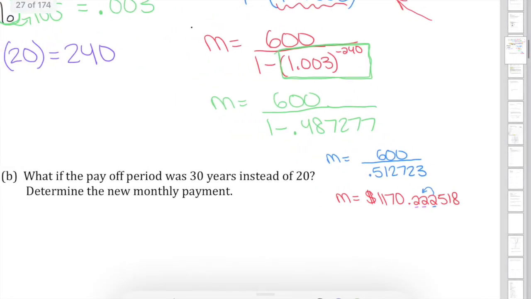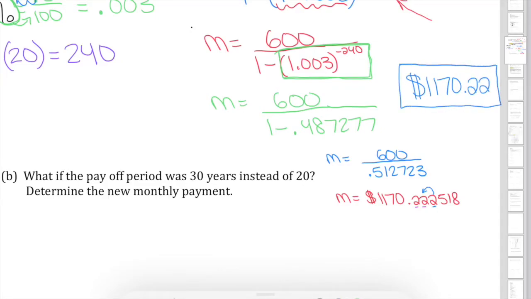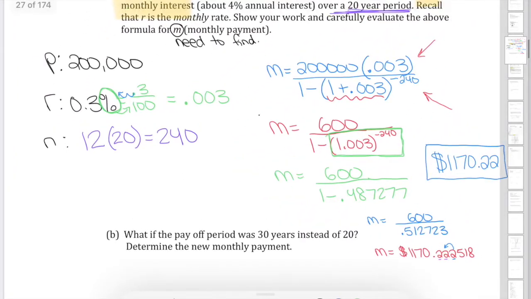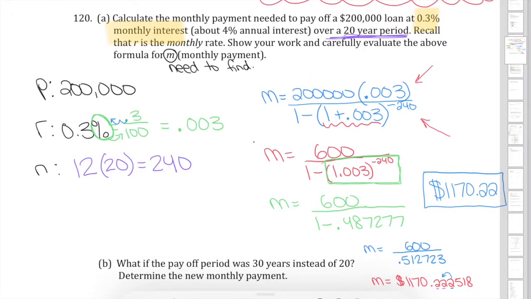That 2 will not round that up. So our final answer is going to be $1,170.22 per month. That's the monthly payment if you were to have all of these scenarios. So it's a 20-year period, 0.3% monthly interest, and a $200,000 loan.